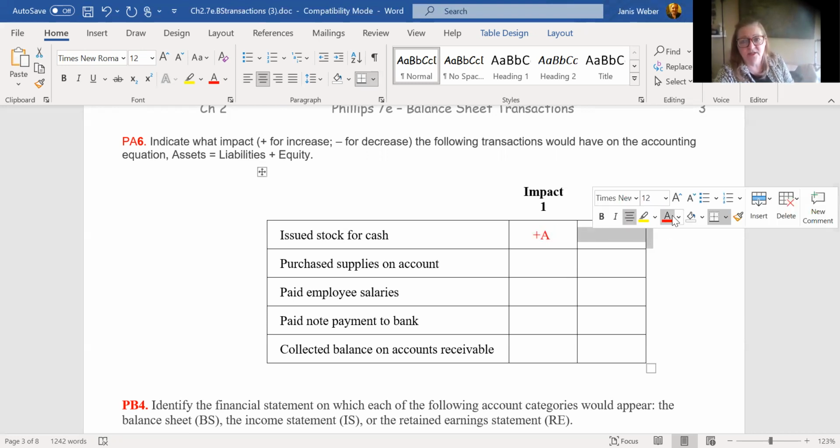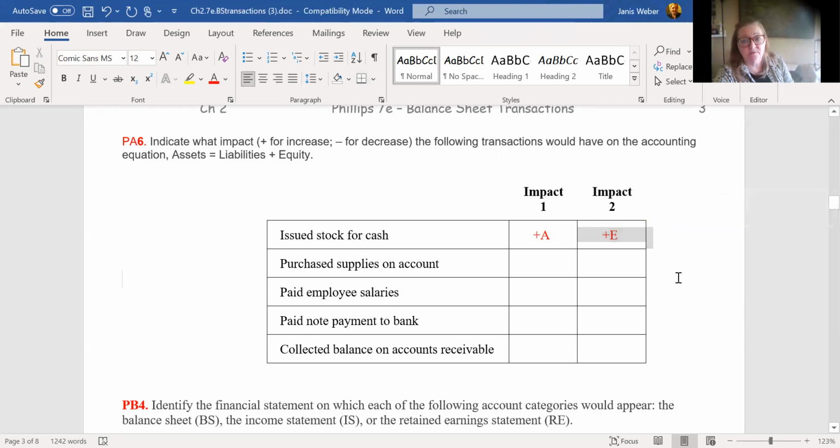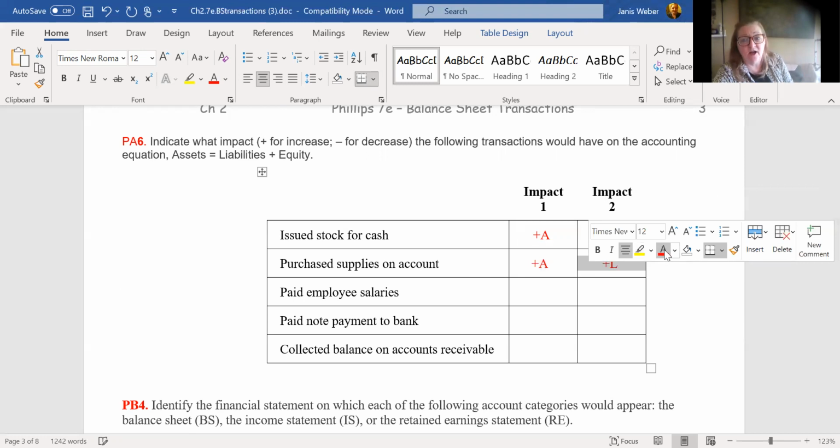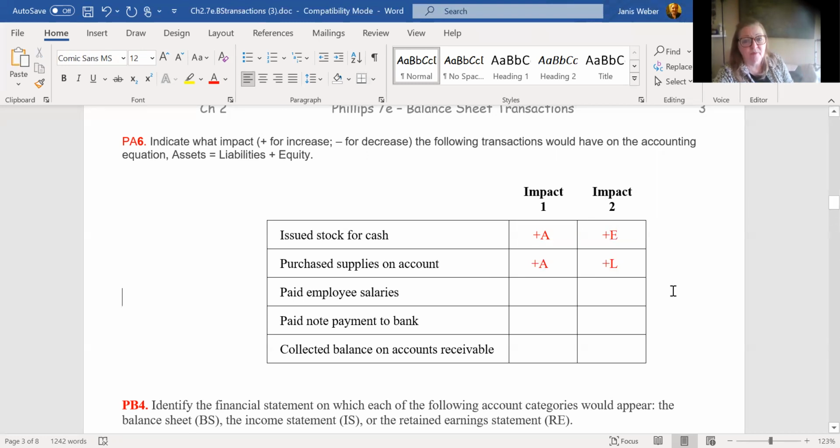Common stock increased, so equity increased. We purchased supplies on account. That means assets increased and liabilities increased, because on account means it's an accounts payable.